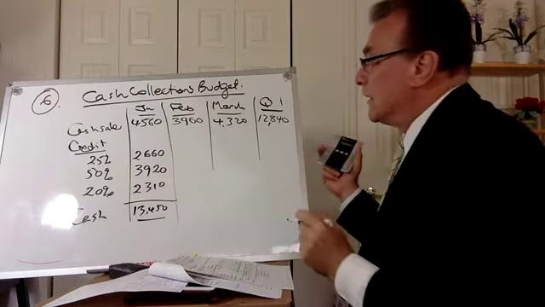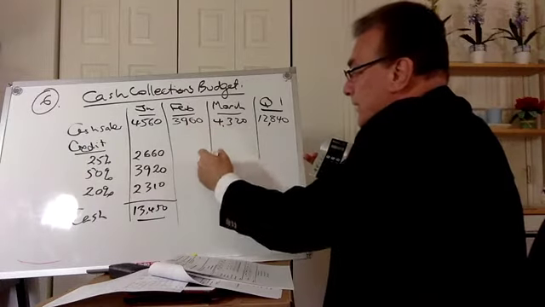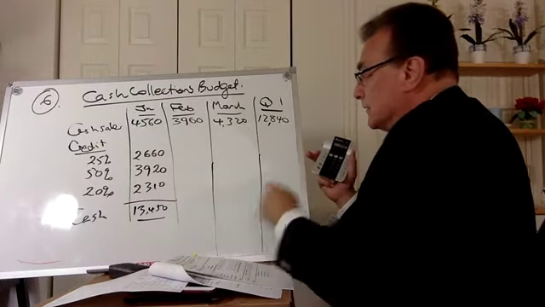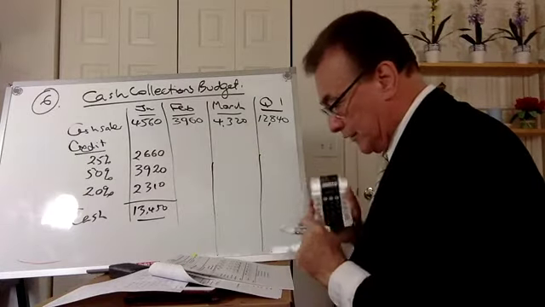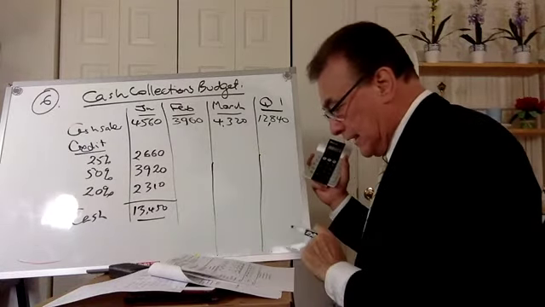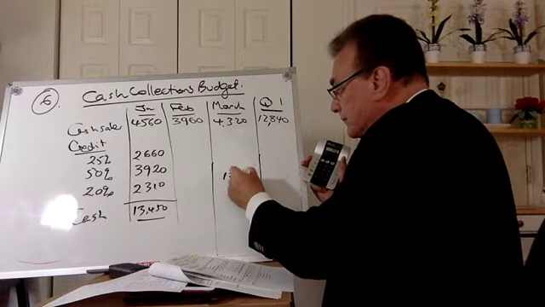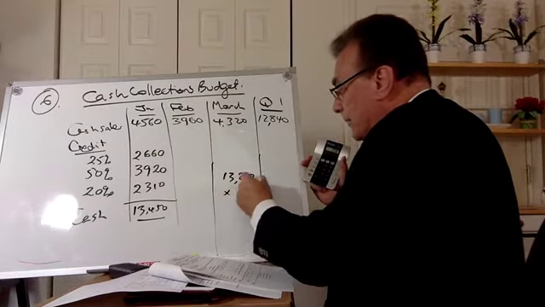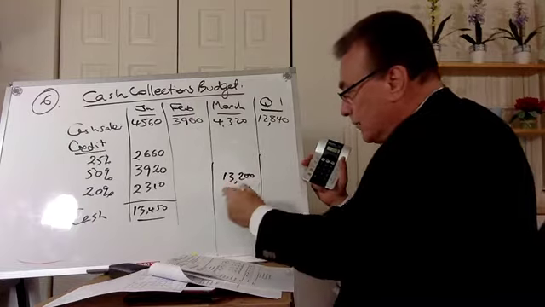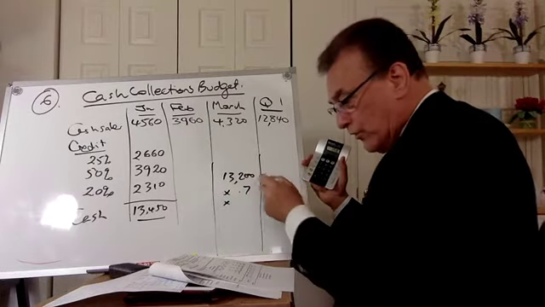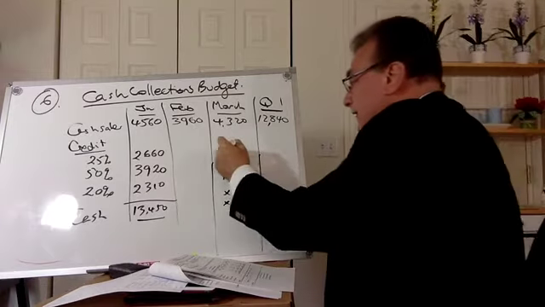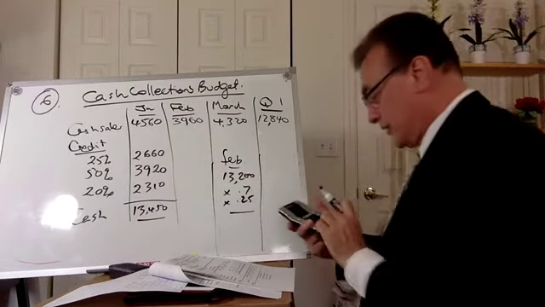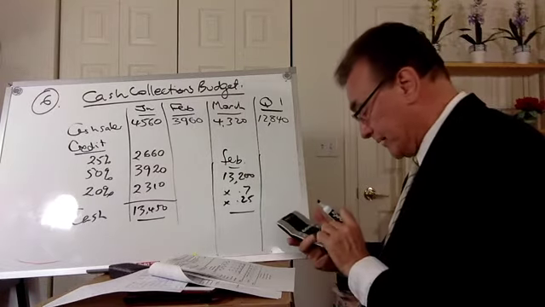So in other words, when we do February cash collections, right, same month, so February is sales of 13,200 multiplied by 0.7 for the credit sales, multiplied by 0.25 for the February credit sales.